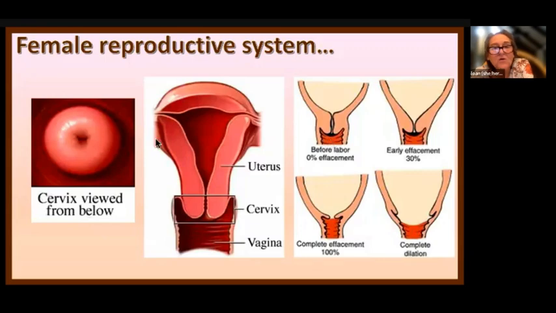And when we are going to have a baby, the cervix becomes thinner, and then it starts opening up so the baby can come through, to about 10 centimeters.